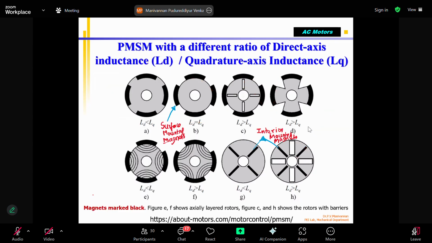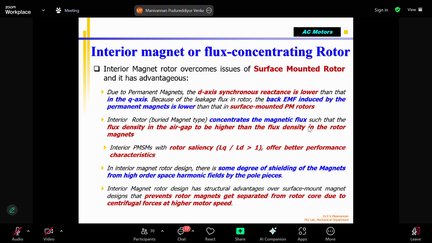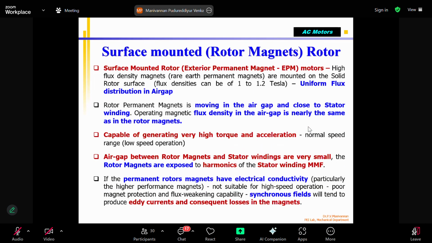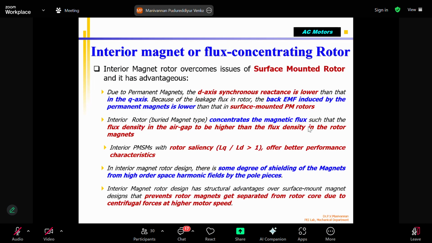Already we saw that. I wanted to explain the LD ratio, which we already talked about frequently. We will talk about this one. The rotor saliency depends upon LQ divided by LD. LQ is the quadrature axis inductance. LD is the direct axis inductance.